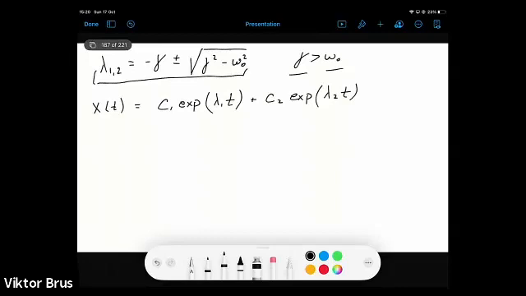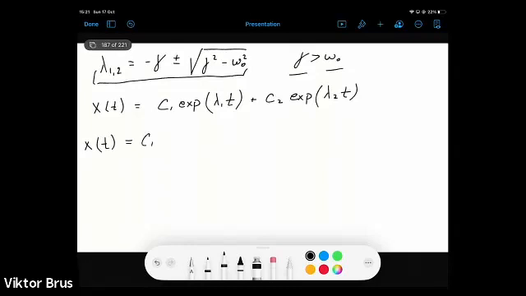And we can write, instead of lambda 1 and lambda 2, the corresponding expressions. So let us do it to have the full form of the solution of our differential equation.